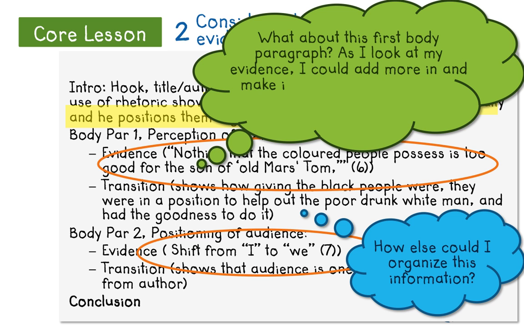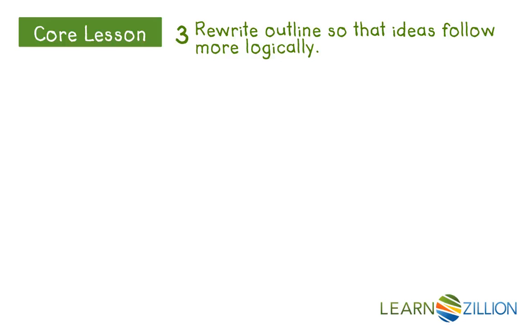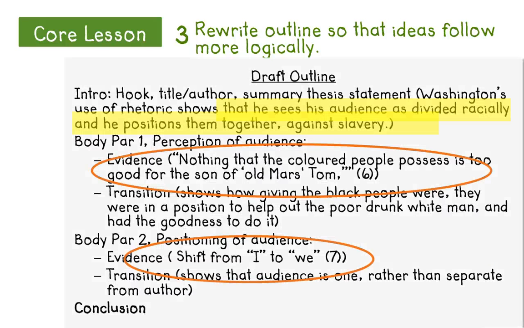Maybe I should have 3 body paragraphs total, and I could have one about his perception of one racial audience and one about the other race of audience, and then a third body paragraph about the positioning of his audience. So now I rewrite my outline so that the ideas follow more logically.